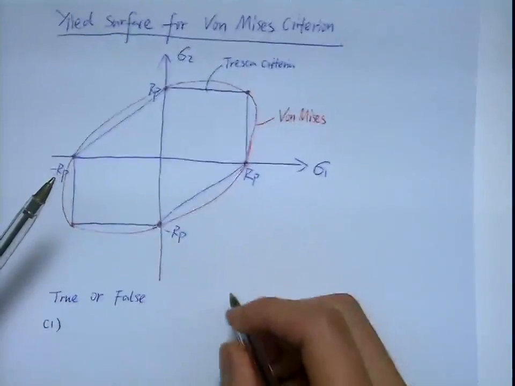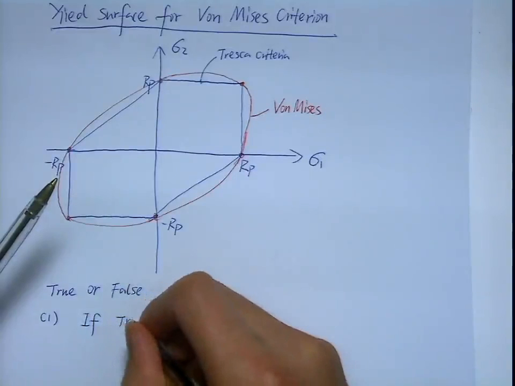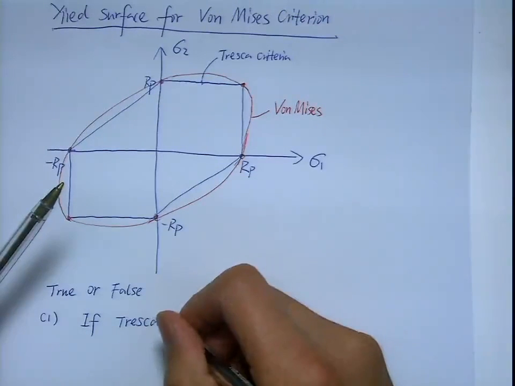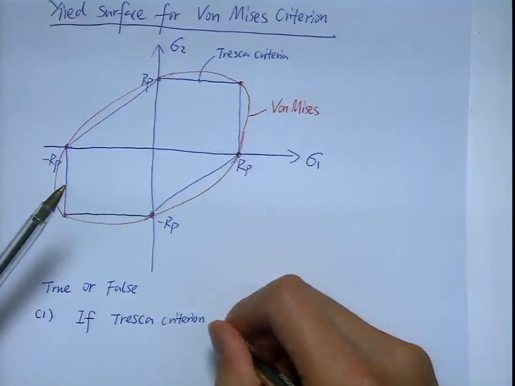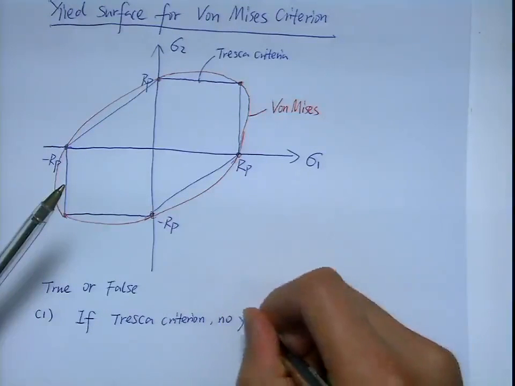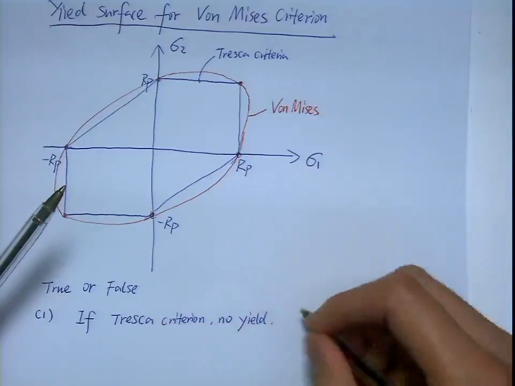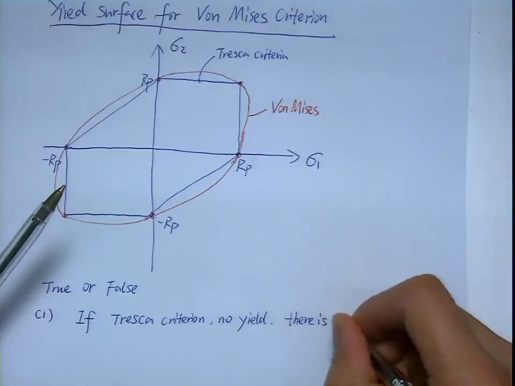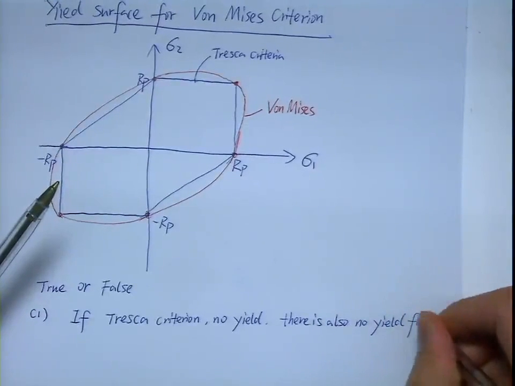Statement 1: if there's no yield for the Tresca criterion, the conclusion is there is also no yield for Von Mises.